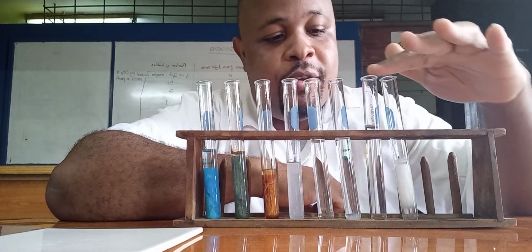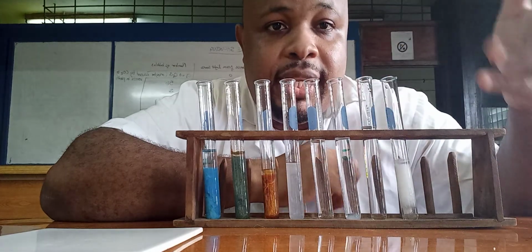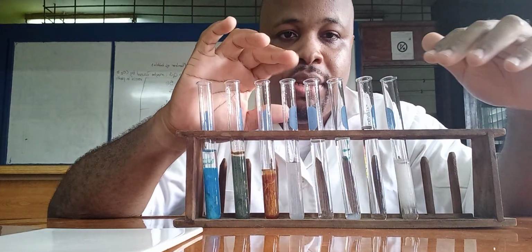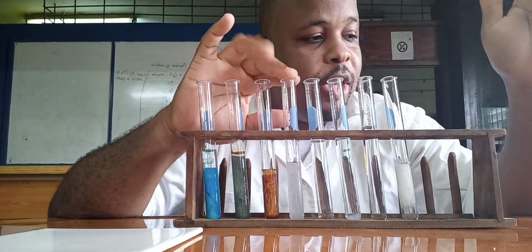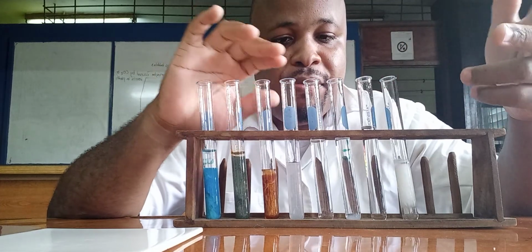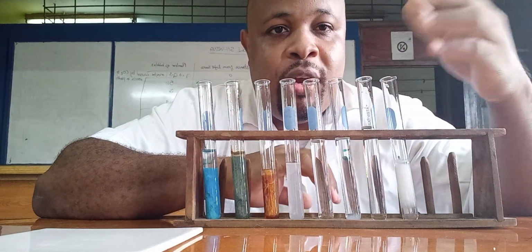It could be any one of them. When you add it in excess, if you get a white precipitate, it could be magnesium or it could be calcium. But if it dissolved, it could be zinc, aluminum, or lead.